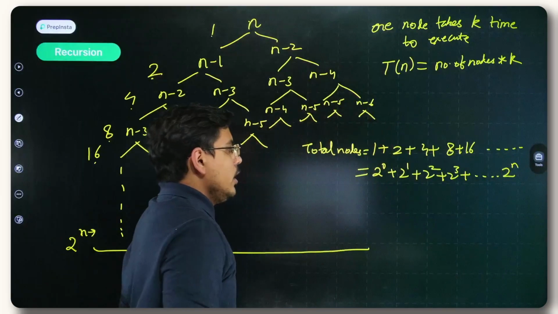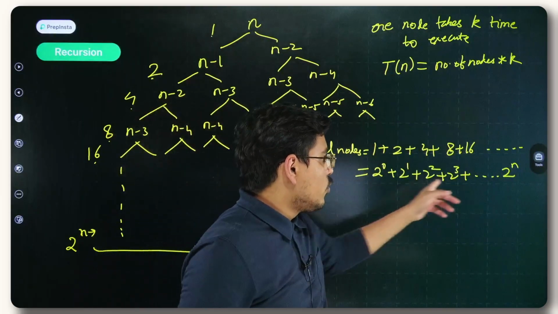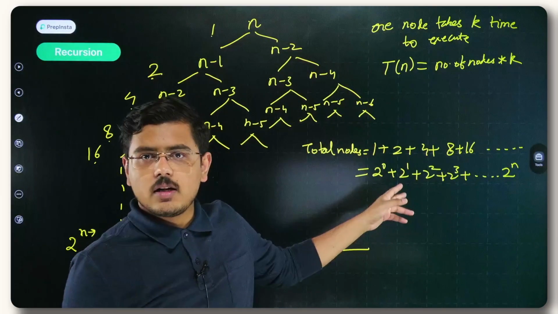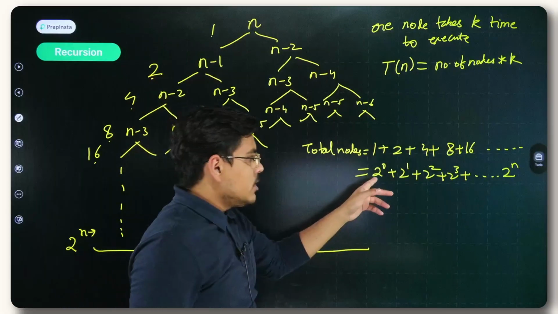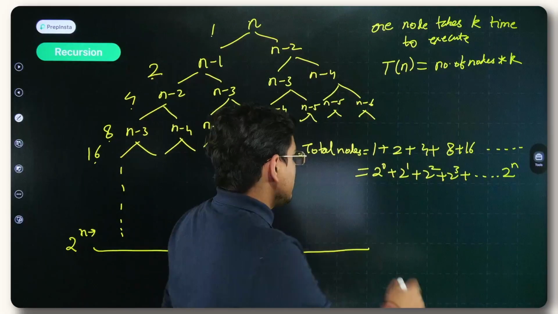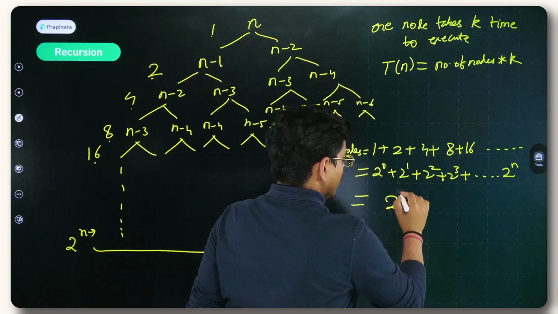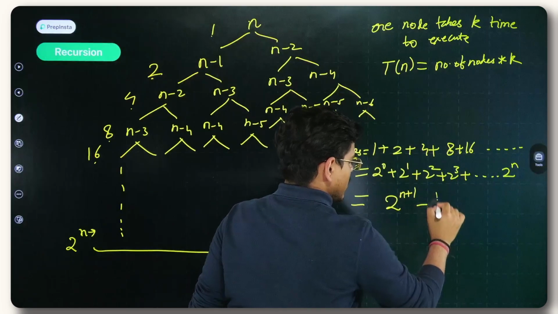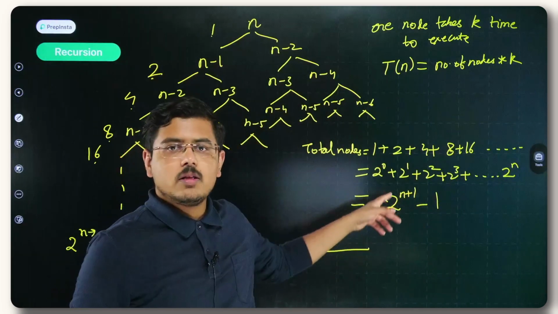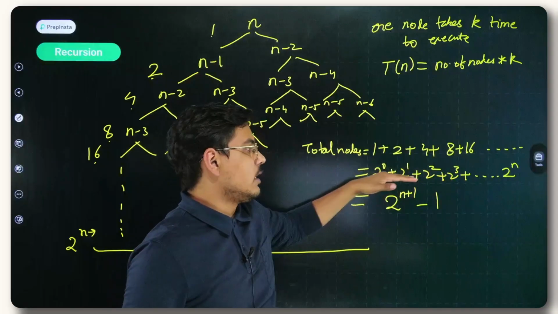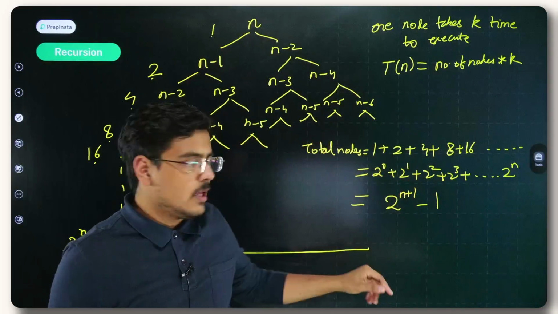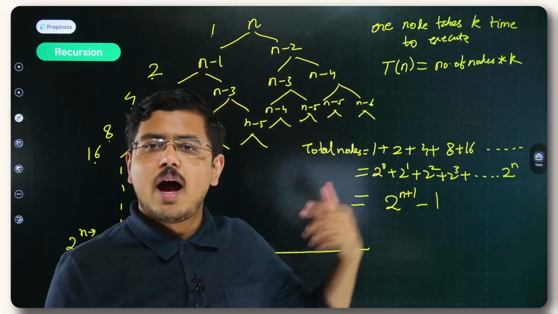If you go ahead and check the sum of this series, this is taught in class 11th and 12th. So this particular sum is actually 2's power n plus 1 minus 1. This is how the sum for this particular series looks. This is something you have to remember if you haven't studied it earlier.